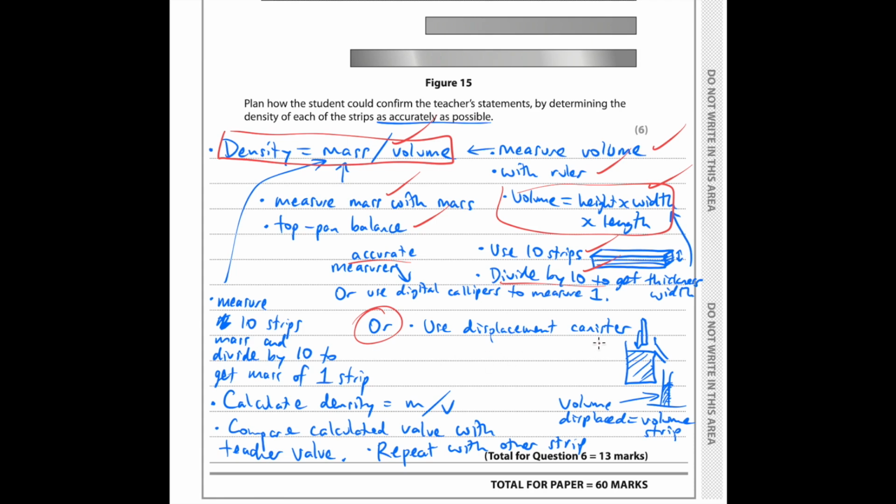Or you could use the displacement canister, say how to use it, then compare with the teacher value and repeat it. So you'll definitely get 6 marks for saying that. There are loads of different things you can say. Say whichever one you think is the easiest for you to remember.